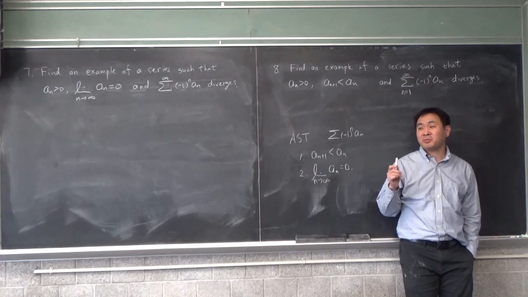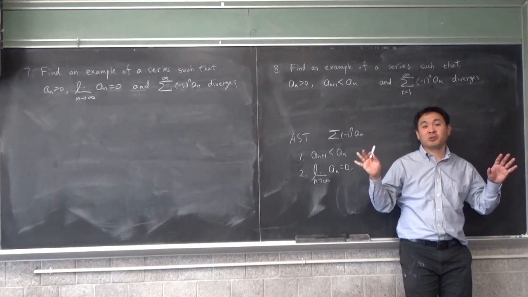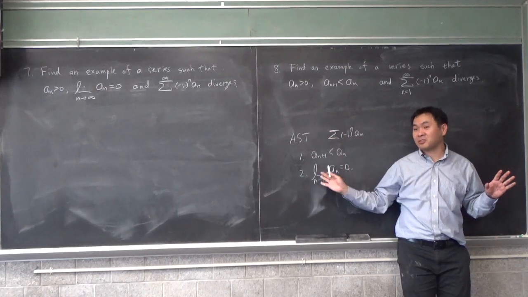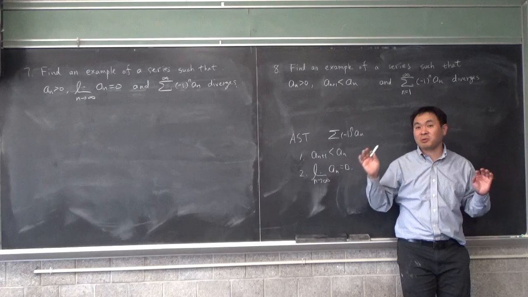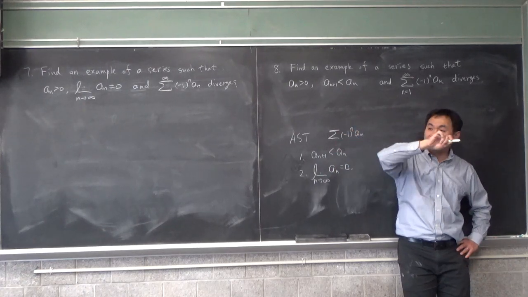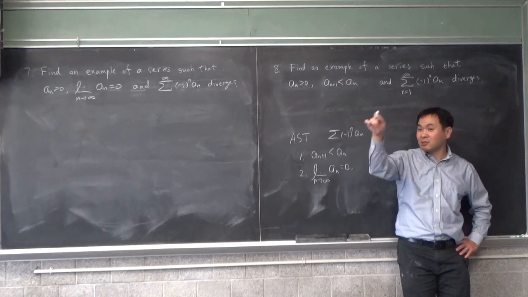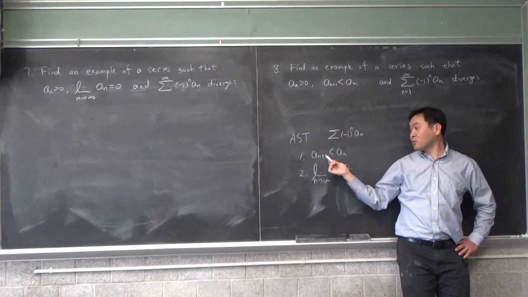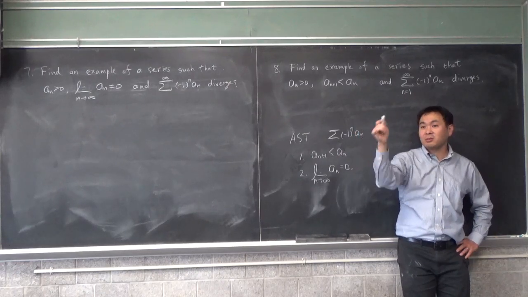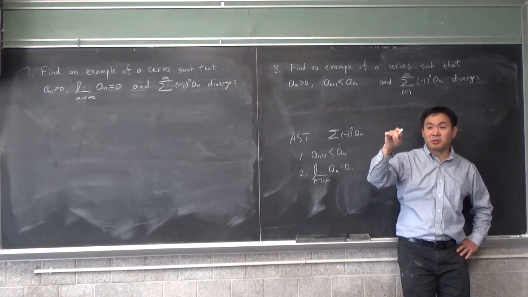If these two conditions are met, you should have the following mental picture in your mind. It's really important that you don't just think about this as equations, but as a mental picture. When it's plus, it's going right. When it's negative, it's going left. The first condition says that as you go back and forth, the jumps are getting smaller and smaller.